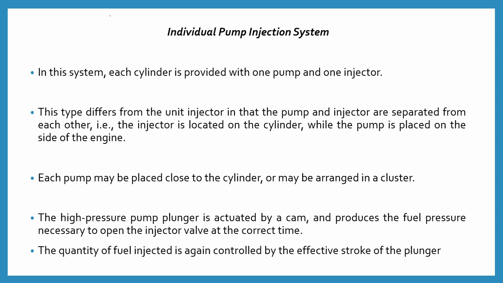This type differs from the unit injector in that the pump and the injector are separated from each other. The injector is located on the cylinder, while the pump is placed on the side of the engine.